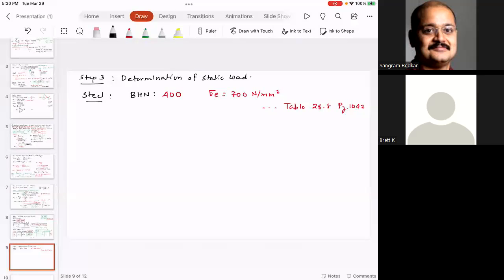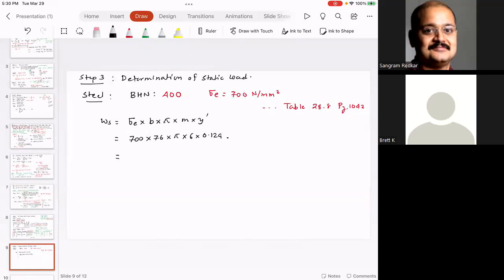And with this, I would find out WS is equal to sigma E times B times pi times module times y prime. 700, B is 76, right? Pi times module, and y prime is, I think, 0.129.